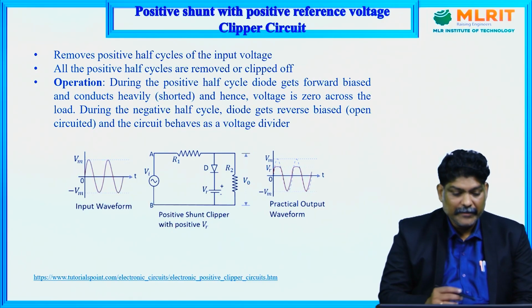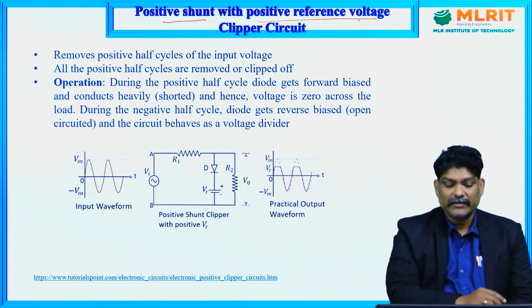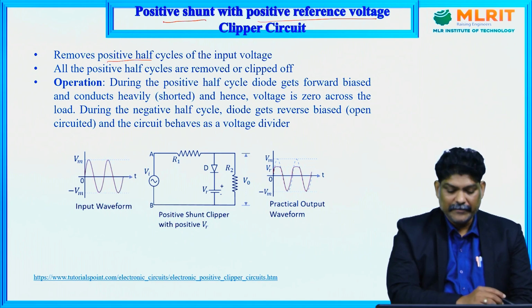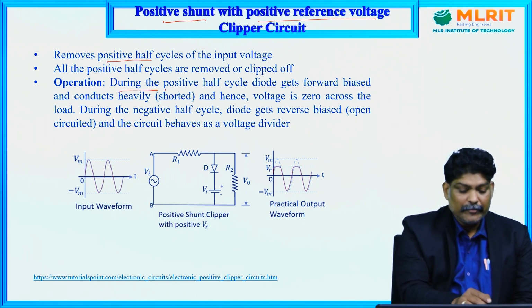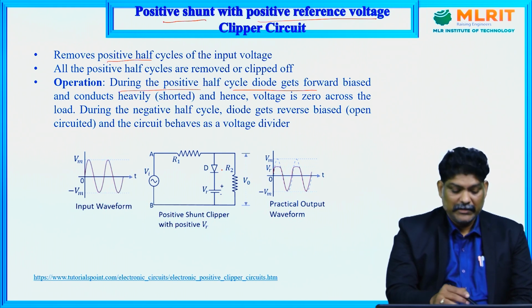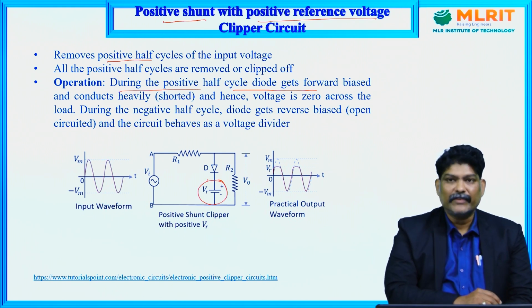Now let us see the positive shunt clipper with positive reference voltage. It removes positive half cycles again. During the positive half cycle the diode gets forward biased, but there is a reference voltage here, a positive reference voltage.